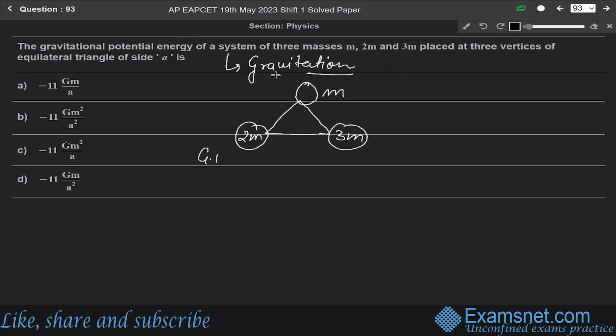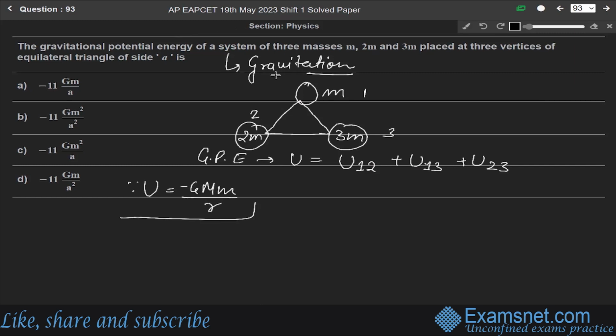So the gravitational potential energy of the system will be U equals, let us say these are 1, 2 and 3, the potential energy between 1 and 2, plus the potential energy between 2 and 3, plus the potential energy between 1 and 3. As we know, the potential energy is minus G m1 m2 over r.